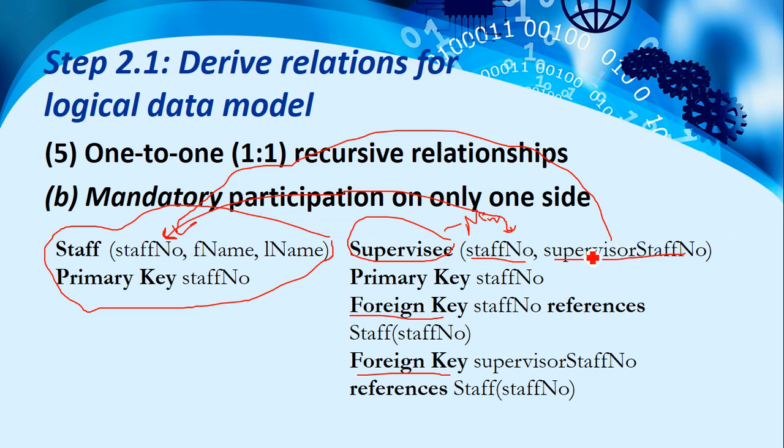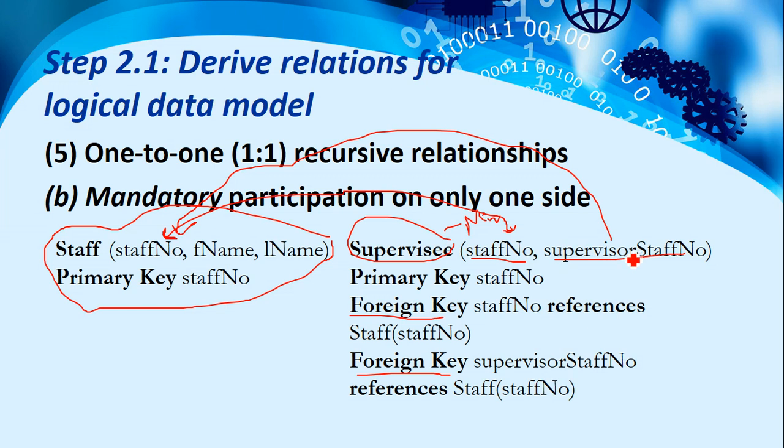So we have to rename the other copy to avoid a name conflict. That's why this other copy of our primary key is named supervisor staff.